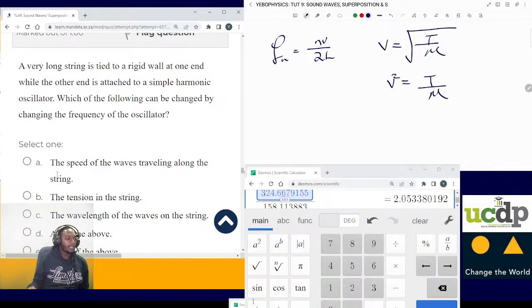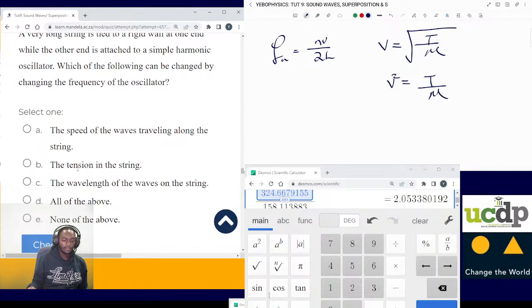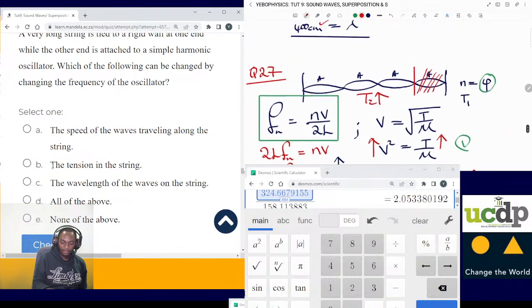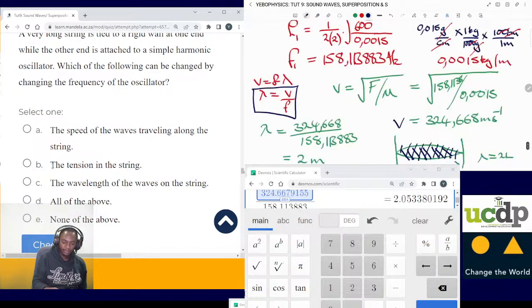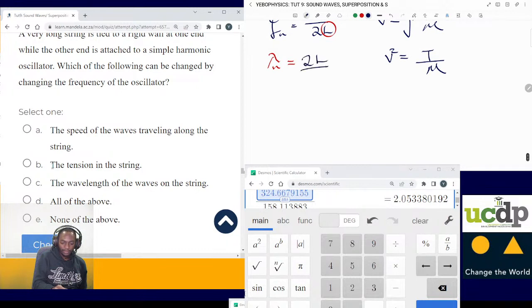Alright, so it's definitely nothing to do with the speed. Changing the frequency will only affect the length. And remember, we derived the expression lambda n equals 2L over n.